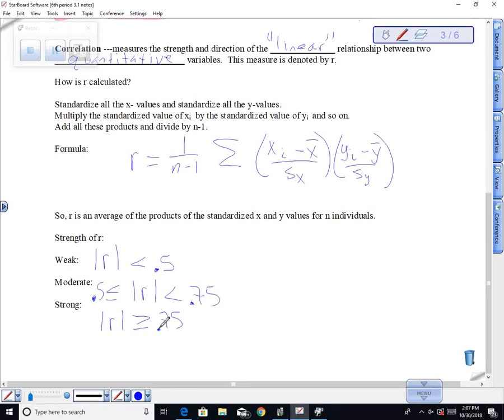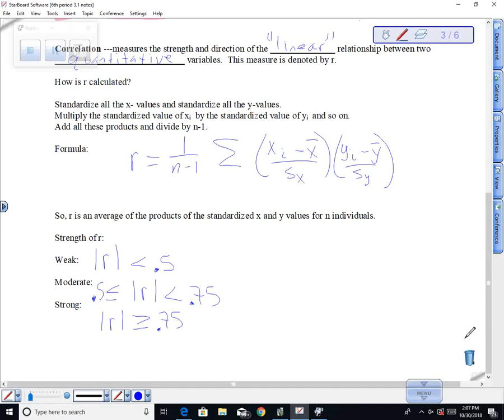And strong is the absolute value of R greater than or equal to 0.75. Take a minute to copy that down. That makes it nice because now you don't have to guess at what's happening. You can talk about the strength as long as you know R.